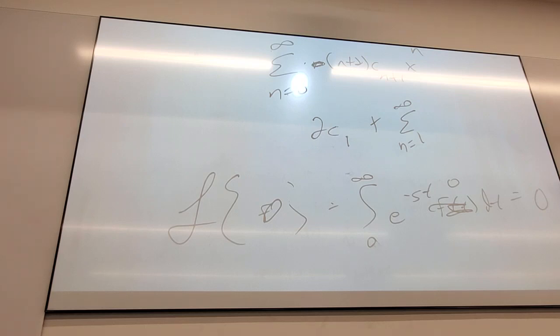How do you do the Laplacian for something like e times sine? There were a couple of problems like that. I'm pretty sure we did an example.